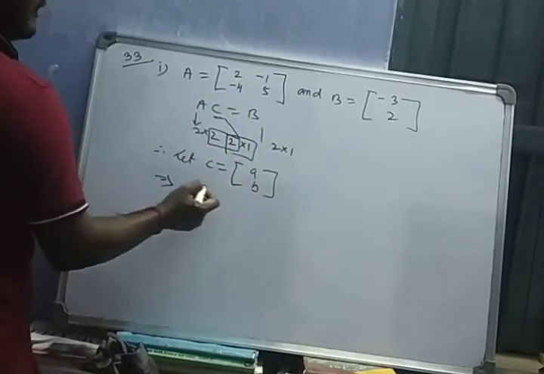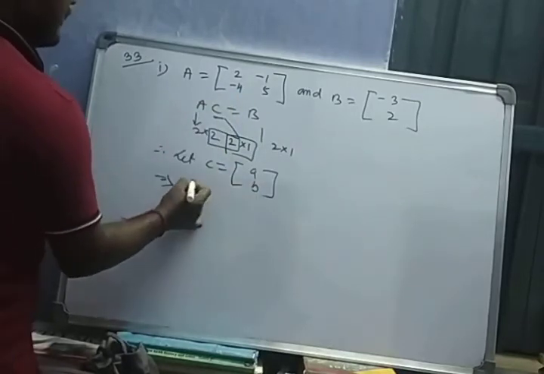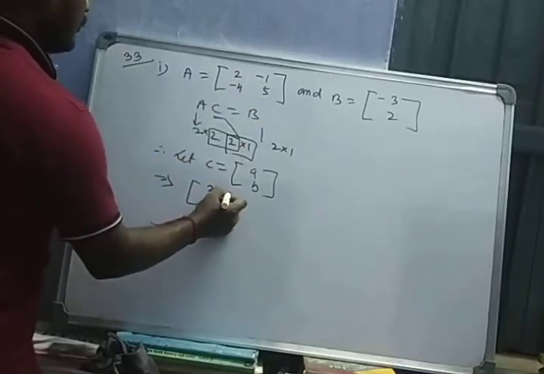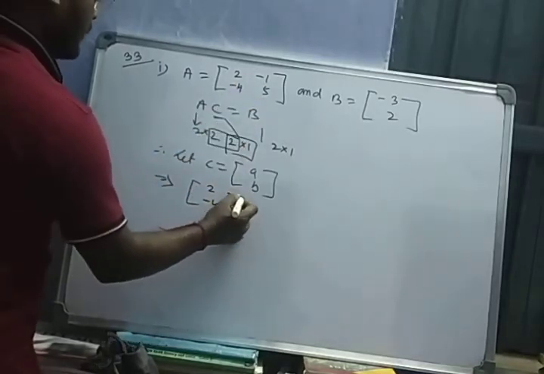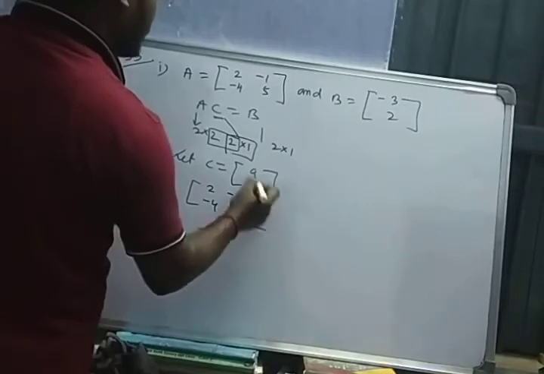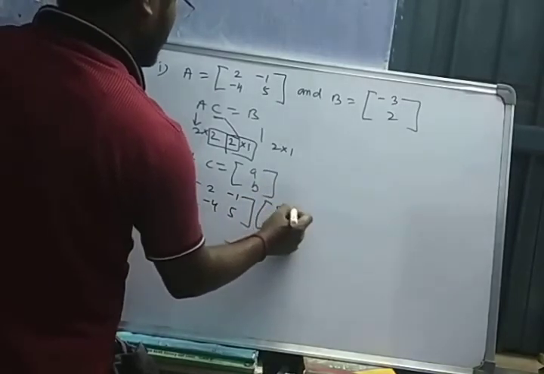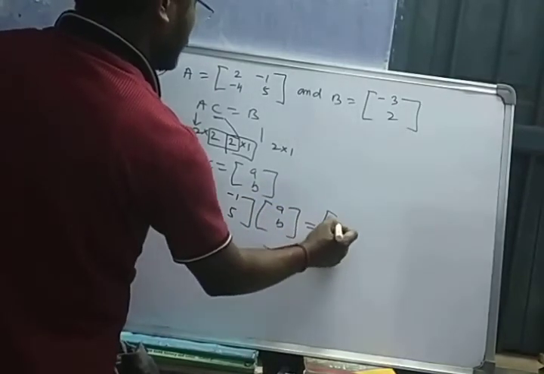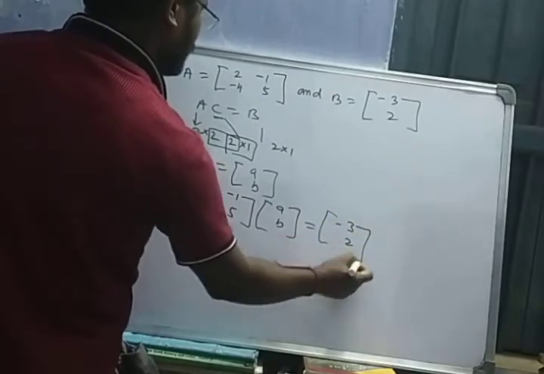Take C as [a; b], and A's value is [2 -1; -4 5], and AC equals B equals [-3; 2].